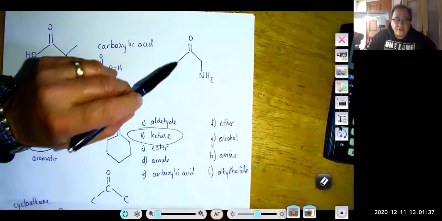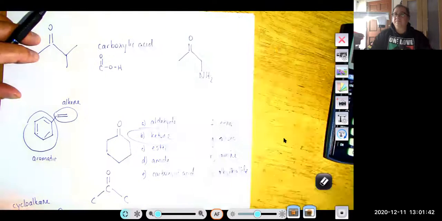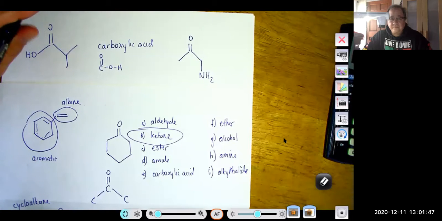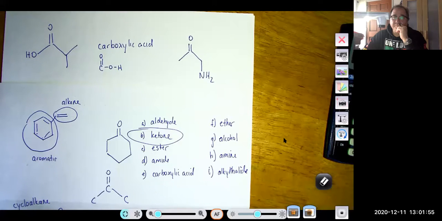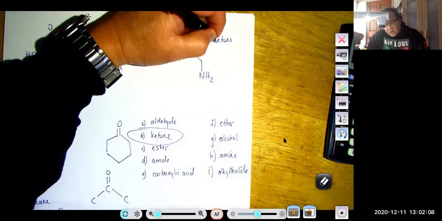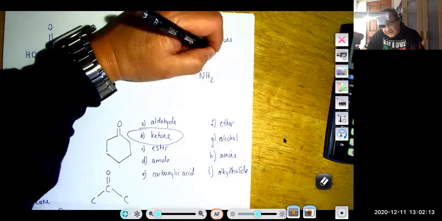Okay, there's 2 functional groups here. What are they? Okay, one of them is a ketone, carbon, carbon, carbon with this double bonded oxygen here, and the other is amine.